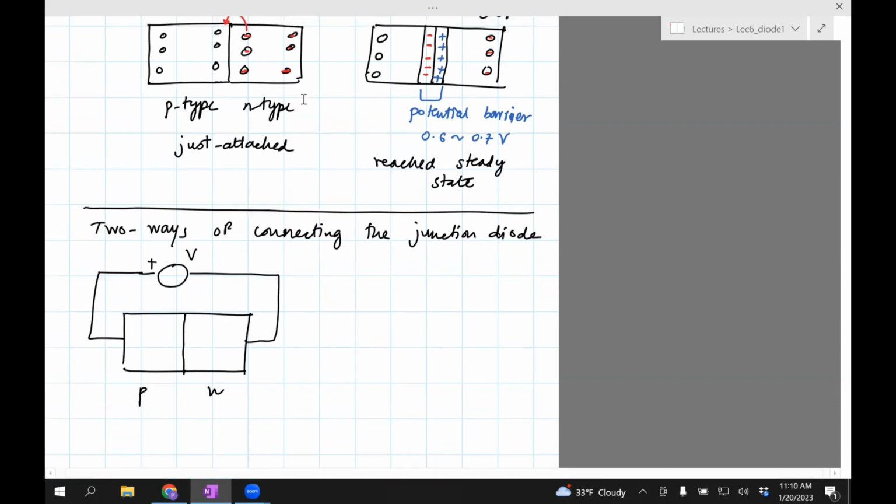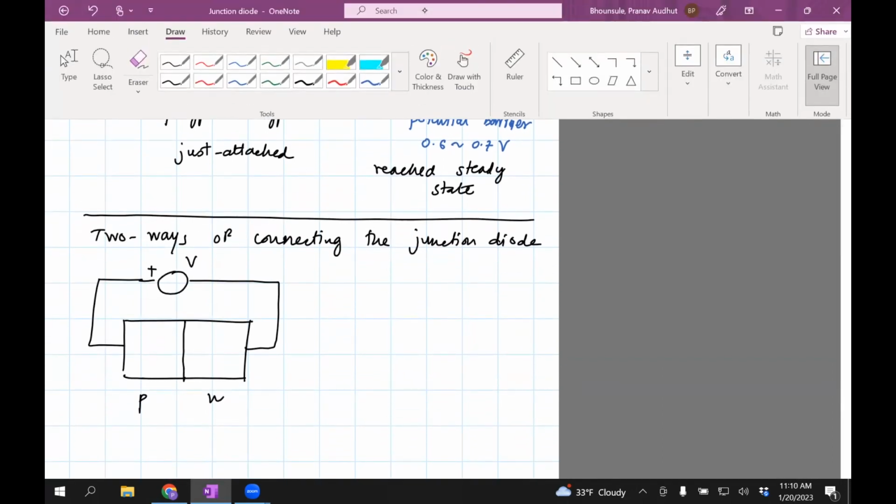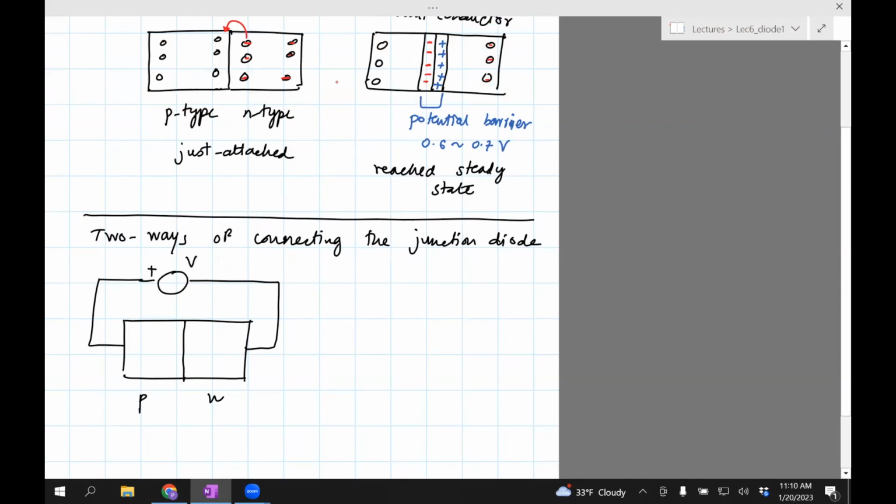Okay, now what's going to happen here is I did draw that there was some negative charge here when it had reached steady state. This negative charge will now try to flow through the circuit into the voltage source and then come out here and come back.